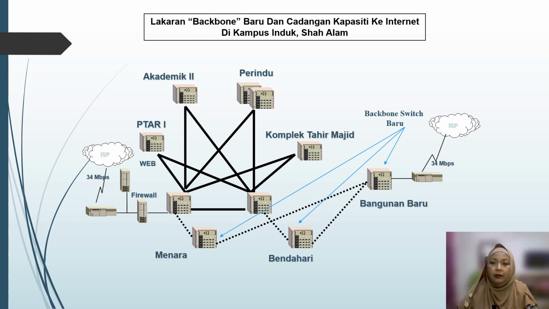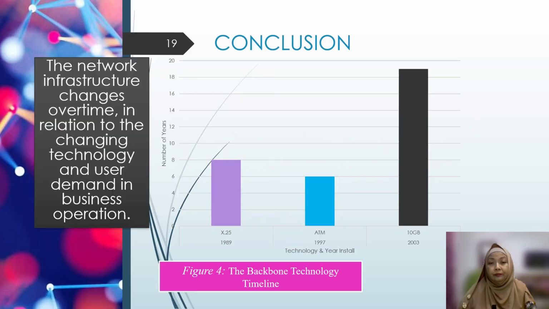There is only one access now, and the network center is in Perindu. Okay? This is the old sketch of network backbone.